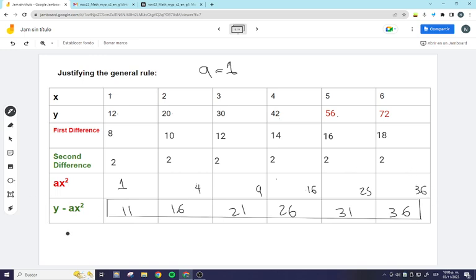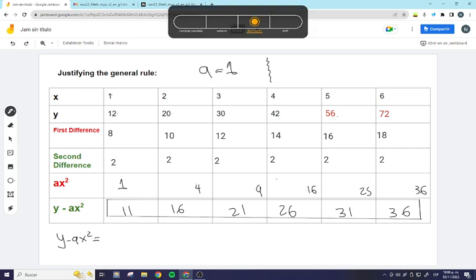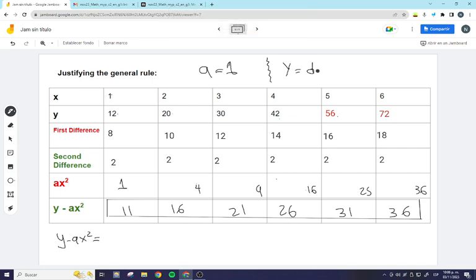Okay? So y minus ax squared is going to be, remember, a linear pattern has a general rule like this: y is the common difference multiplied by the position plus or minus the complement.